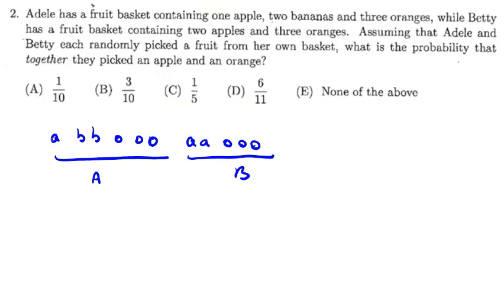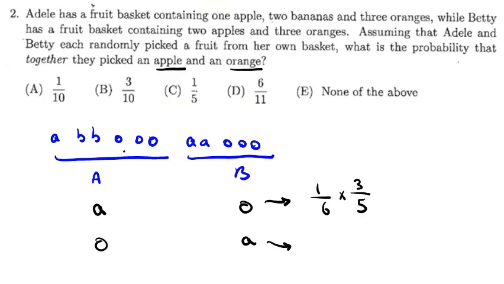Okay, here we should consider 2 cases. Let me write with flag. Adele selects 1 apple, 1 orange. So apple, orange, and orange, apple. So the probability here is 1 over 6 for Adele, and for Betty, orange, 3 over 5.